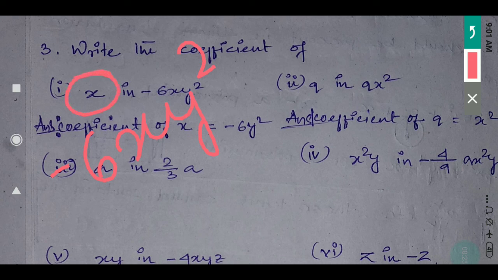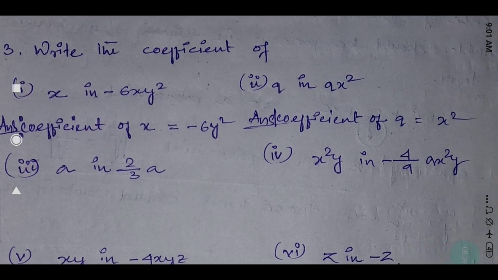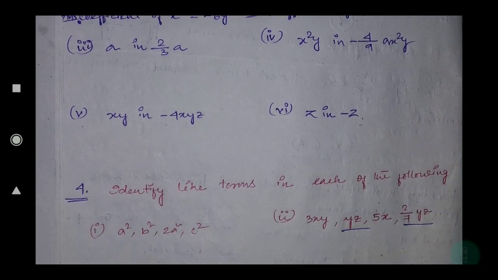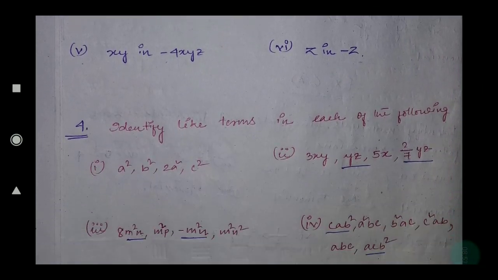So put the finger on x. What is remaining now? Minus 6y square. That means the coefficient of x is minus 6y square. The second, coefficient of q in qx square. Put the finger on q in the term qx square. If you put the finger on q, remaining is x square. That means it will be x square. Okay, the rest you have to do.